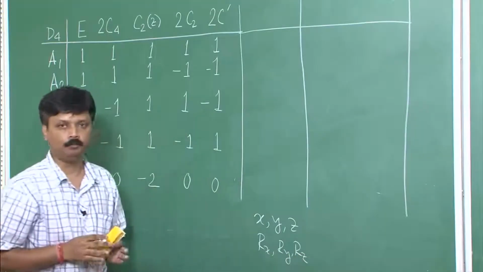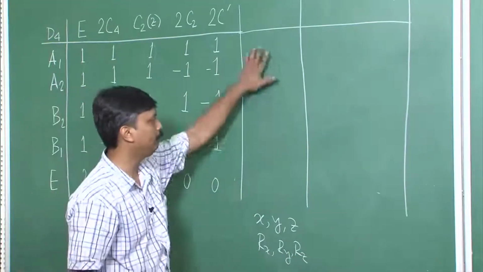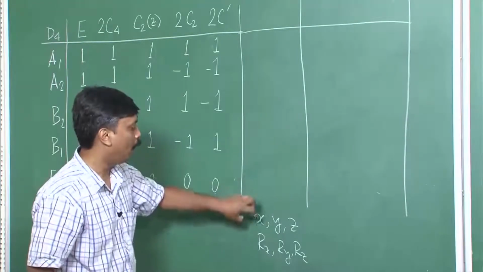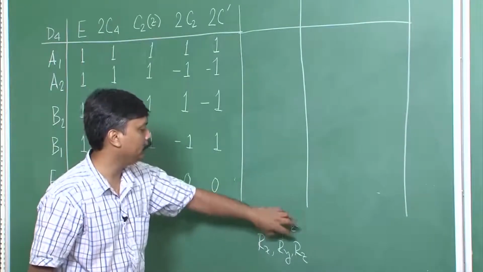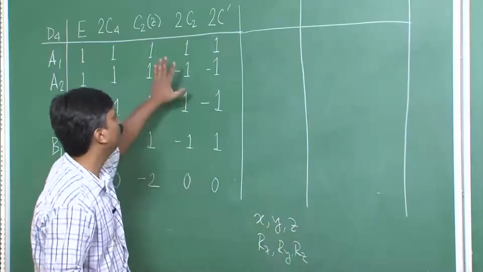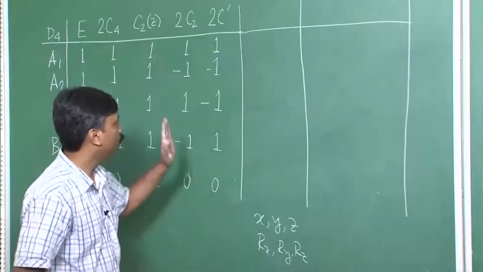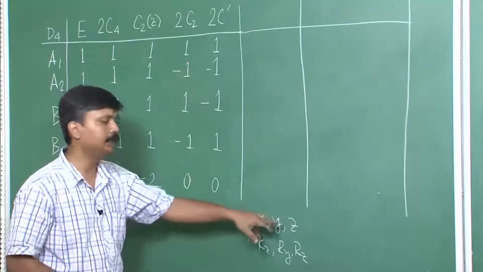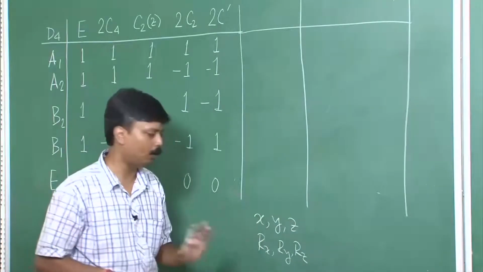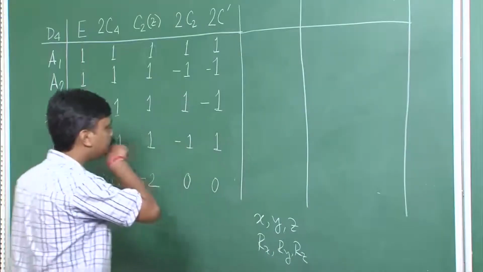These 6 functions you will find in this region. Now our job is to ascribe this x, y, z or Rx, Ry, Rz to particular IRs, okay, which transform as one of these coordinates or the rotational coordinates.